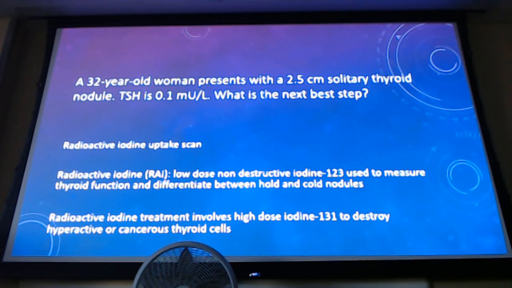Whereas iodine 131 in high doses is what we use to ablate the thyroid. That's the destruction. So we use iodine 123 to scan, to see if it's hot or cold, but high doses of 131 to destroy the thyroid. It sounds the same, but you have to know which iodine we're using. Okay?